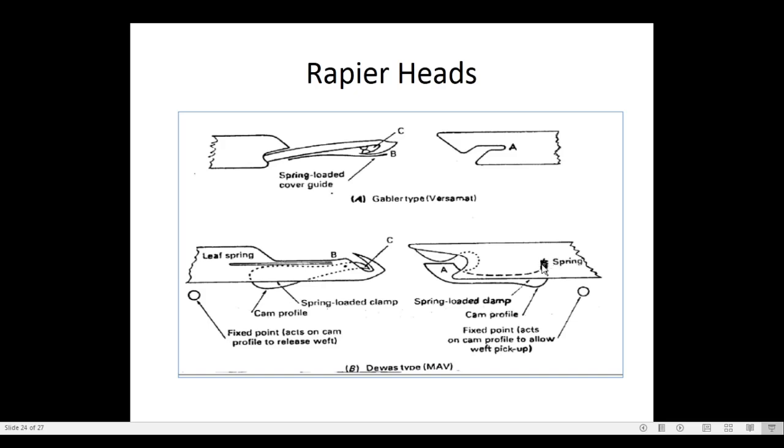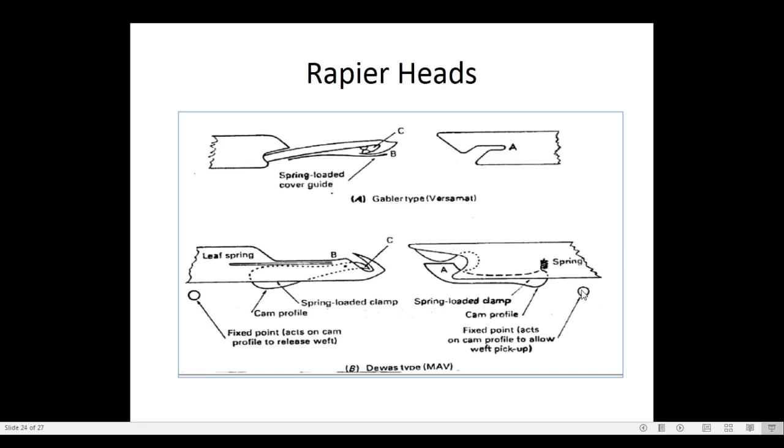If you change the spring, the clamping force will be less or more according to the count of weft. So this is the giver. The giver holds the weft at this point and it comes to the center of the machine. Here the fixed point is the rod.